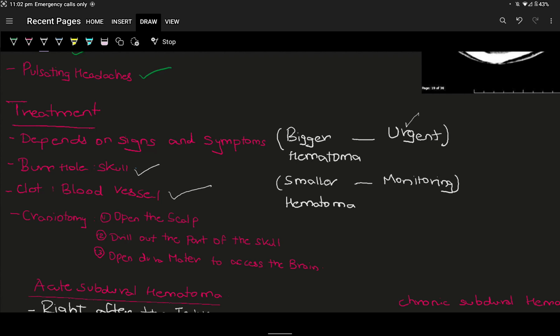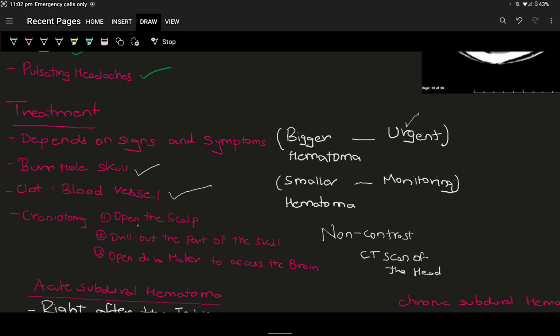So here I have mentioned a few steps of the craniotomy. Basically, we usually shave the part of the head which is required based on the non-contrast CT scan of the head. So the usual first way of diagnosis will be a non-contrast CT scan of the head.